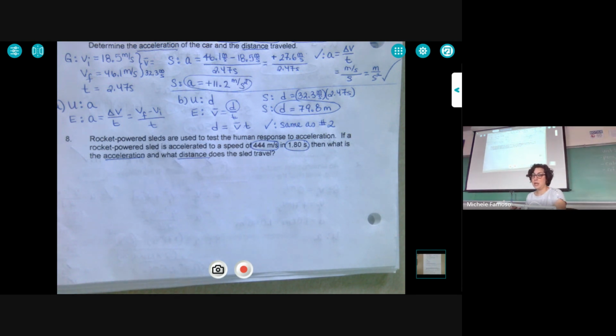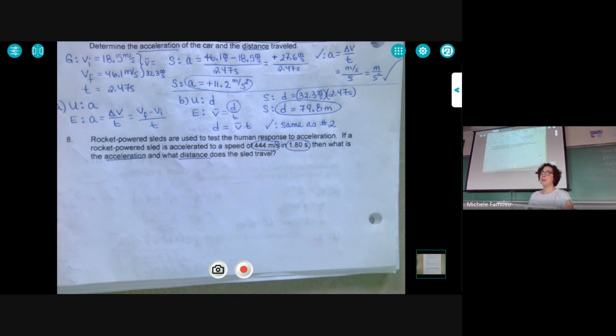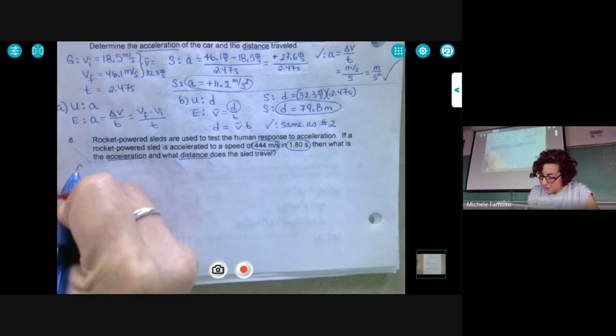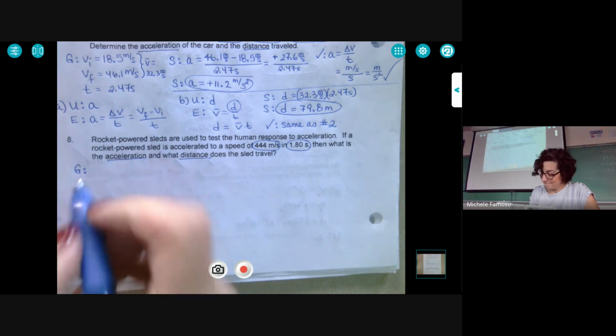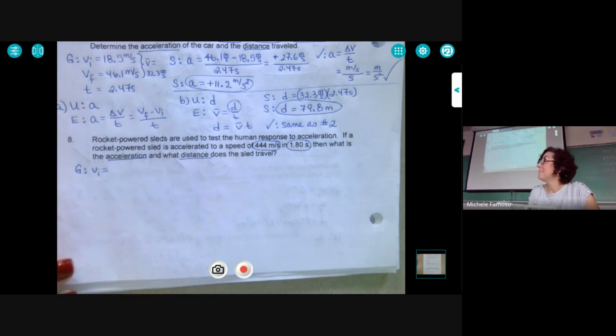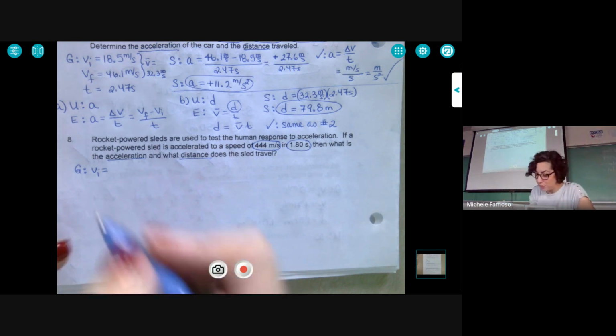Okay, so I want you to think about that because we've only circled 2 values. There is a third implied given about this person getting into the rocket-powered sled. So, Ashley, how about a given for this question? Right, because the sled can't be moving when you get into it, kind of like the airplane. The airplane can't be moving when you get onto it before it takes off.